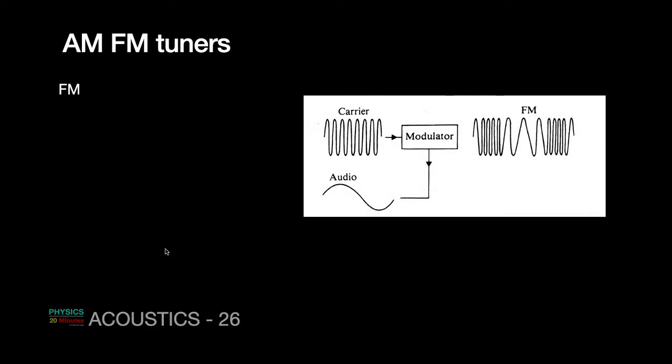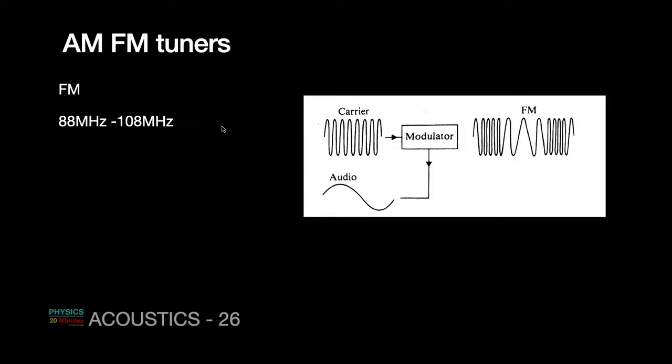FM, as you all know, is varying the carrier frequency with respect to audio frequency. So wherever the audio signal is strong, let's say, the frequency will increase. Wherever the audio signal is poor, the frequency will drop. So you can get a low frequency, high frequency, low frequency, high frequency, etc. The frequencies for FM vary from 88 megahertz to 108 megahertz.